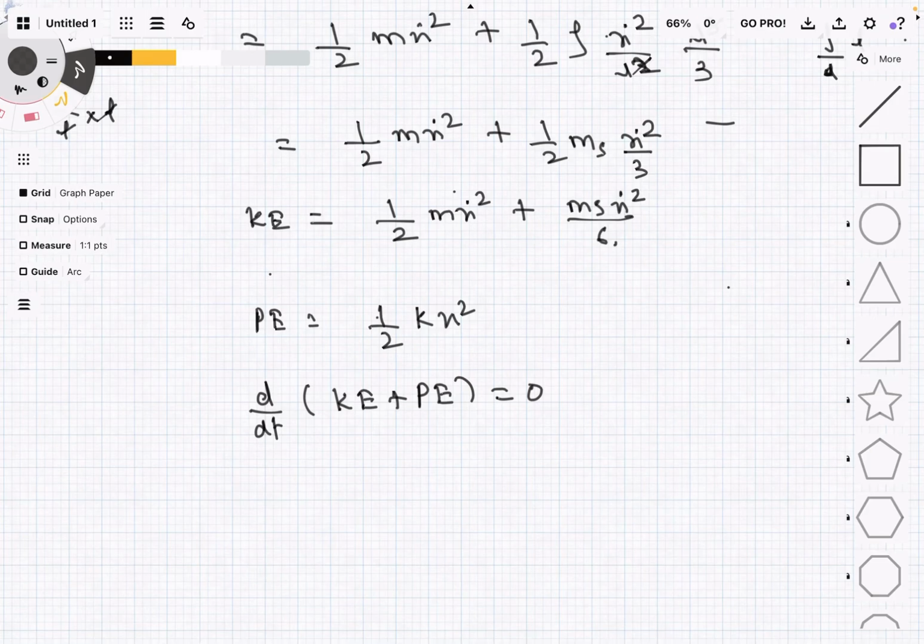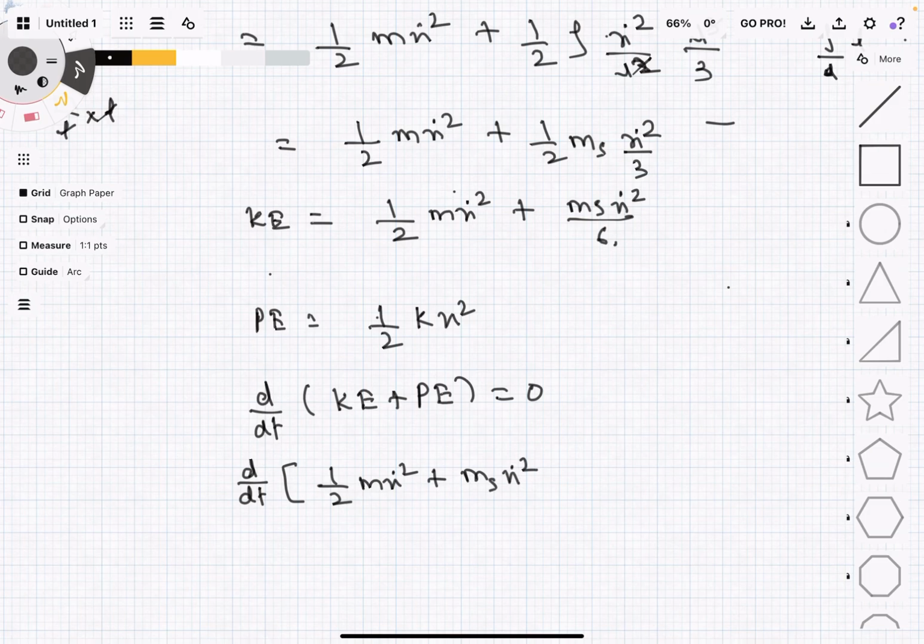So the total kinetic energy is half into m into x dot square plus m suffix s x dot square divided by 6, plus potential energy half into k x square, should be equal to 0.